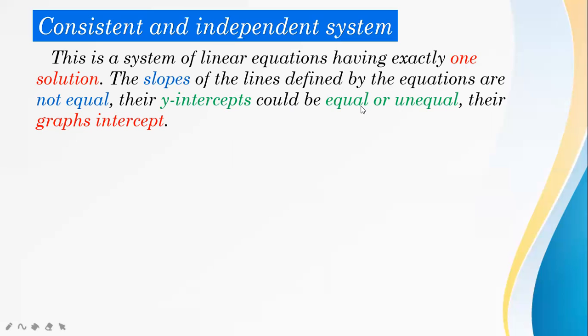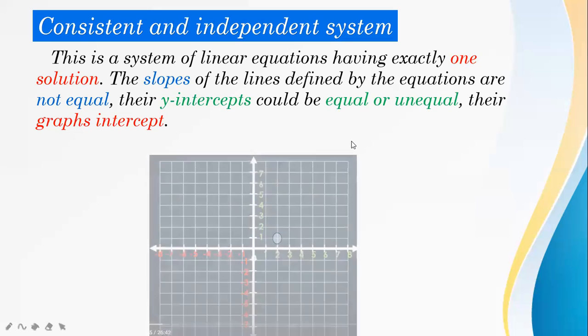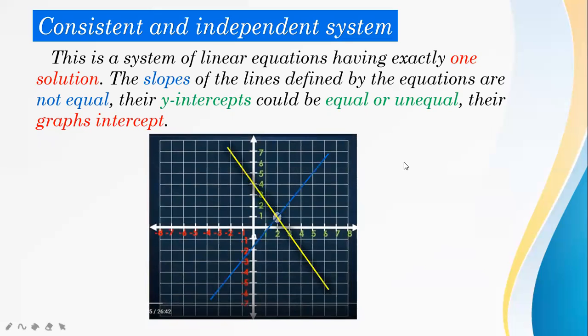So it can be equal or unequal. Their graphs intersect. We have the given graph, and this will be your intersecting lines. So the two lines intersect and meet at exactly one point only. And this one, we have one solution. So we have only one solution.